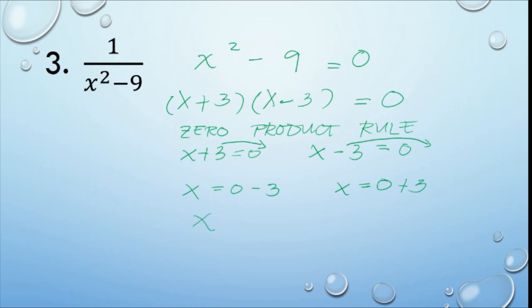So, this will become x equals 0 minus 3 is negative 3. Then, dito, 0 plus 3 is positive 3. So, we have 2 excluded values. So, pwede natin sabihin na excluded values dito sa number 3 are positive and negative 3. Okay? Thank you.